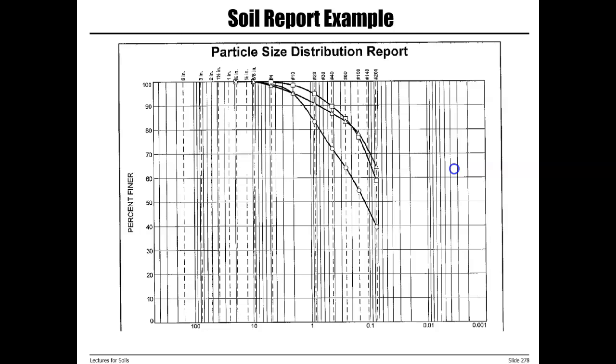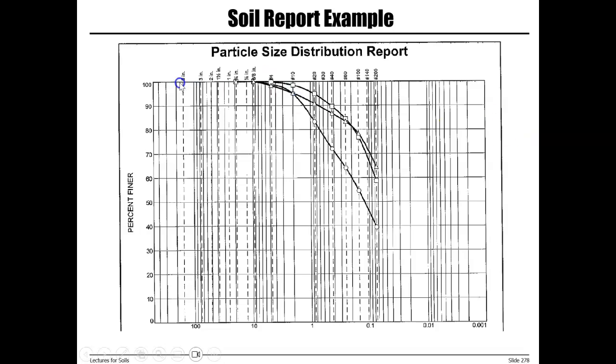Then from SPT, samples were taken for laboratory testing. So this was the first test that we covered in class, sieve analysis. 3 samples were taken for laboratory testing, and what you see here is the particle size distribution report, which is basically the results from hydrometer testing.